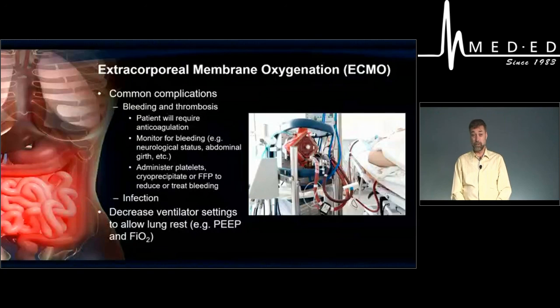So basically you're replacing the function of the heart and the lungs with an ECMO machine, and the ECMO can effectively get carbon dioxide out of the blood and put oxygen in. So in a way, when a patient's on ECMO, they don't need their lungs anymore. We may actually turn the ventilator down or off during ECMO to rest the lungs and allow them to heal.